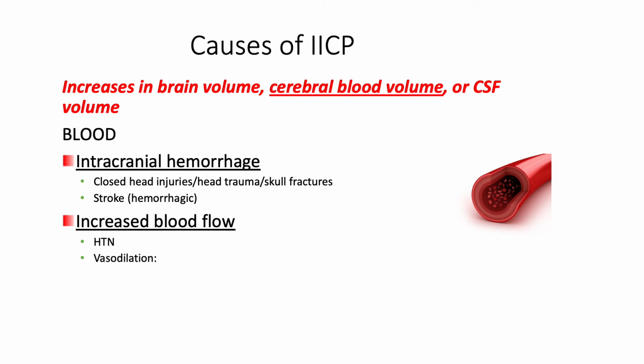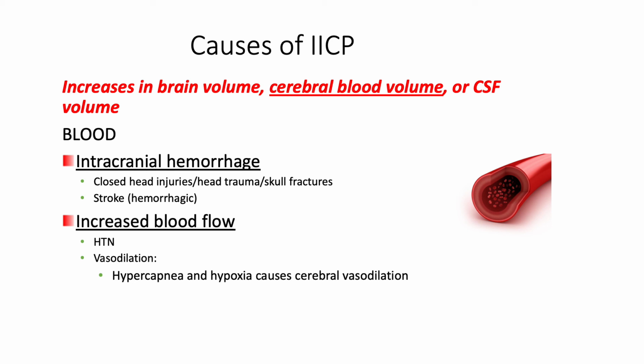So remember, signs of hypoxia lead to allowing more blood to flow into the brain. Hypoxia or hypercapnia, high CO2, will cause vasodilation, and that could cause too much blood flow into the brain, increasing ICP.